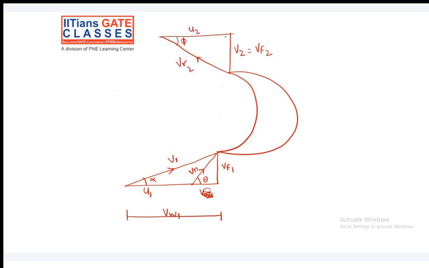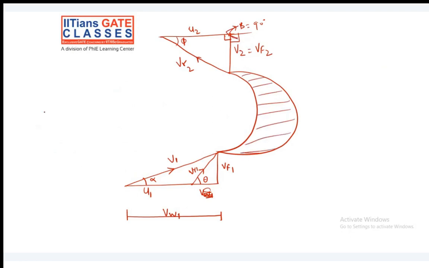So here your beta value is equal to 90 degrees. We denoted beta on this side, so this beta is equal to 90 degrees. So this is the velocity triangle for the ideal case of a Francis turbine.